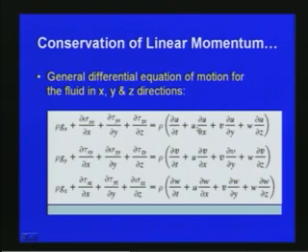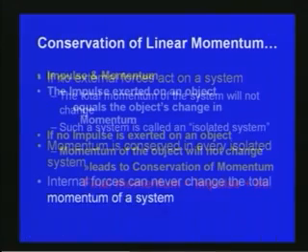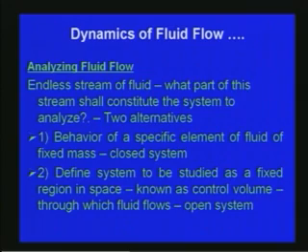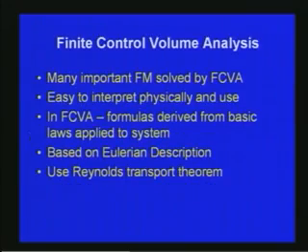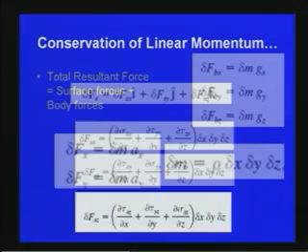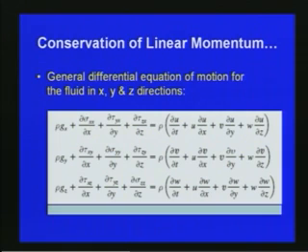We have already seen the Eulerian concept, and we are using the Eulerian concept in the derivation of this equation. While considering this Eulerian description, the acceleration can be written as the local acceleration del u by del t plus the convective acceleration: u into del u by del x plus v into del u by del y plus w into del u by del z.